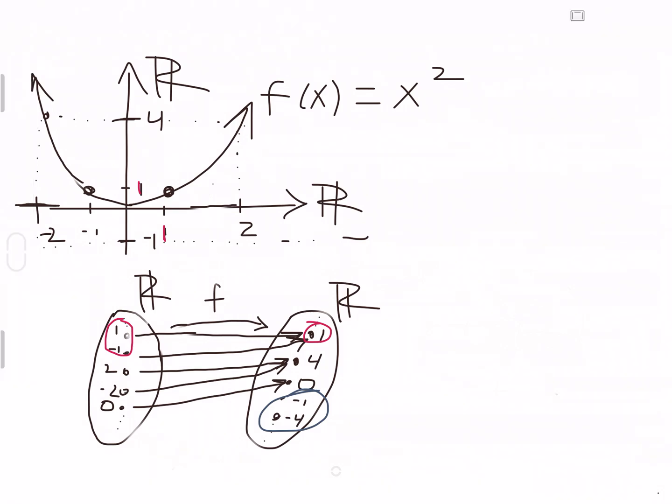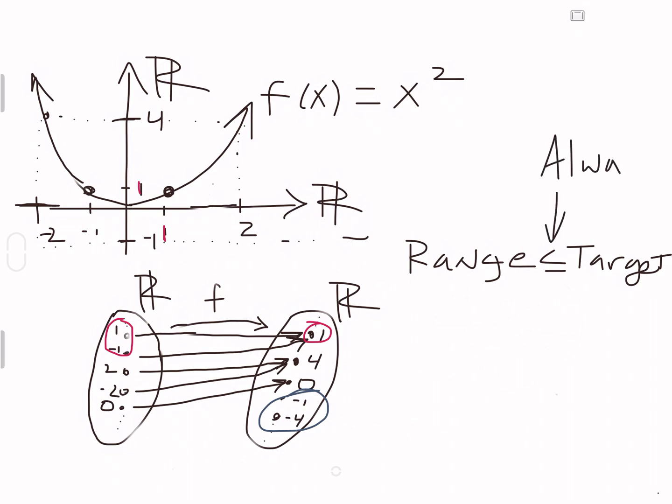And so from that idea, the range is always a subset of the target. Always. The range is always a subset of the target, by definition.